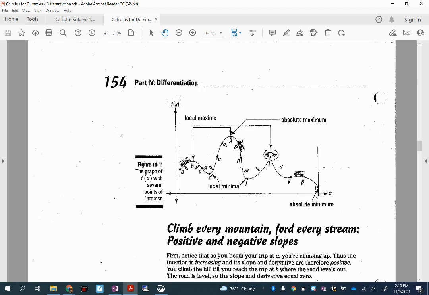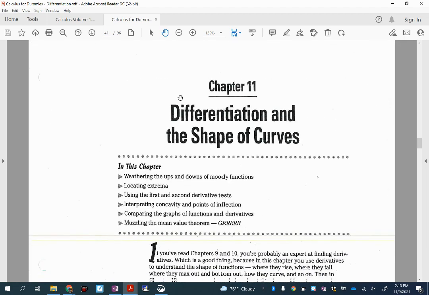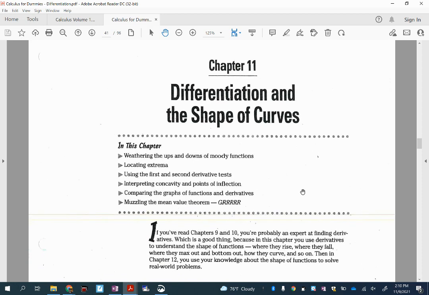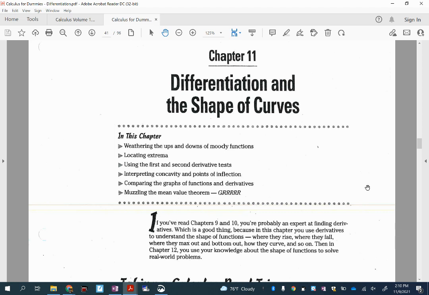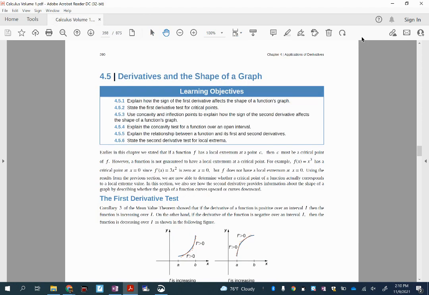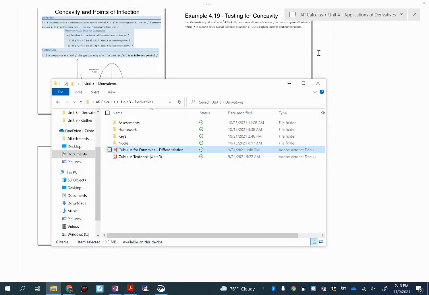If you start in chapter 11 in Calculus for Dummies, differentiation, shape for curves, a lot of what we're talking about is explained there in a much simpler way. So I would encourage you to check out chapter 11, which is on Google Classroom. Anyway, okay, let's get into it.